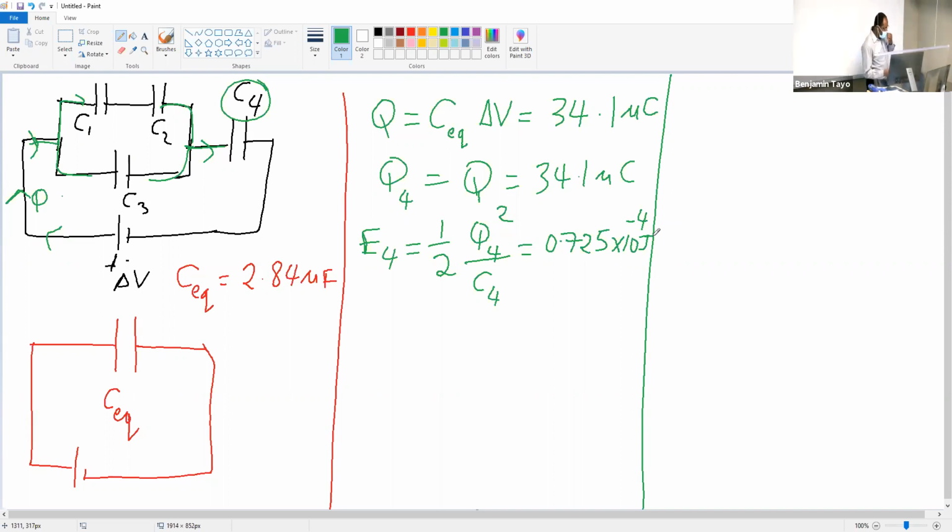Okay, so since we know E4, does everyone agree with that? How we calculate E4? So since you know E4, I know that Q4 is equal to C4 times delta V. So from here you can calculate delta V4.